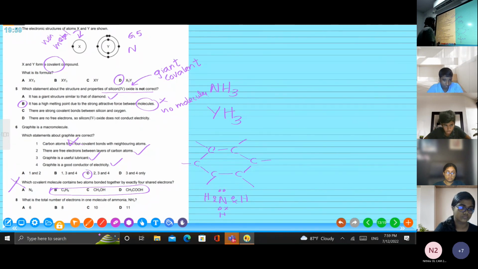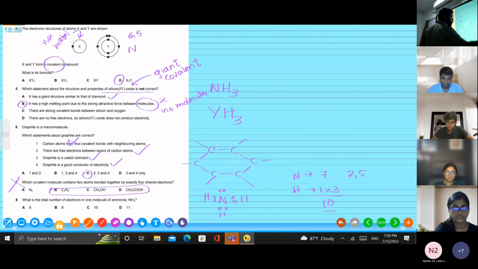But don't forget, they didn't ask for the electrons in the last shell. They asked for all the electrons. So nitrogen has 7 electrons, it's 2, 5. Hydrogen has 1 electron, therefore 1 into 3. So in total, we have 10 electrons.